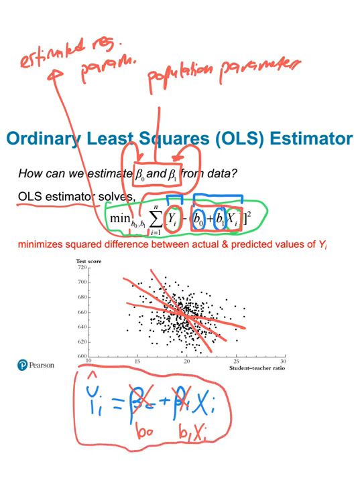And we're trying to figure out how we can minimize the difference between the true value of yi that was observed and our estimated value that is predicted using our regression equation. So for every single observation i, all the way to the nth, we're going to take that difference and square it, and then find the summation right here.